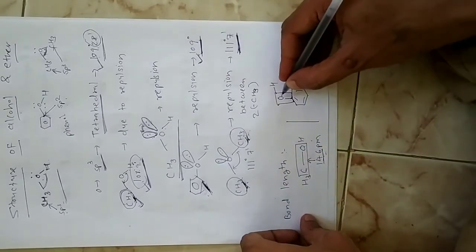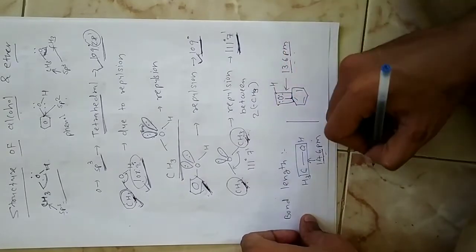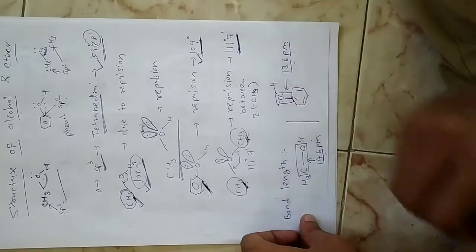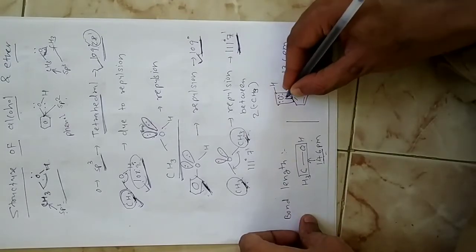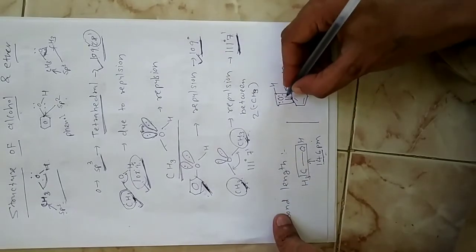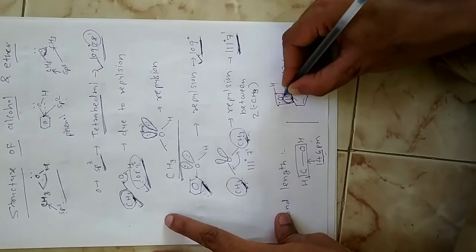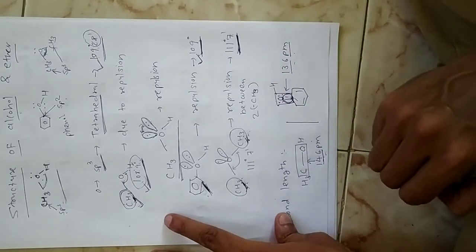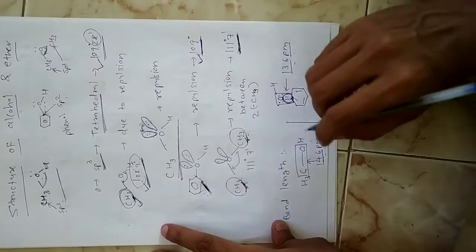We know that this non-bonding electron will take part in resonance structure, so it will make some partial double bond here. Due to that partial double bond, this bond length decreases to 136 picometer.